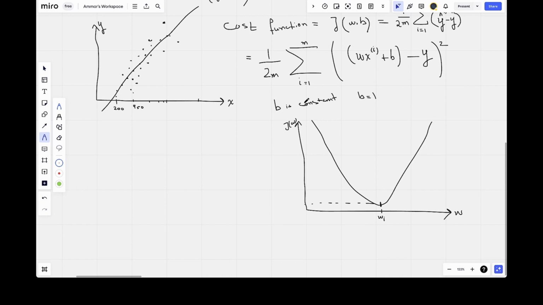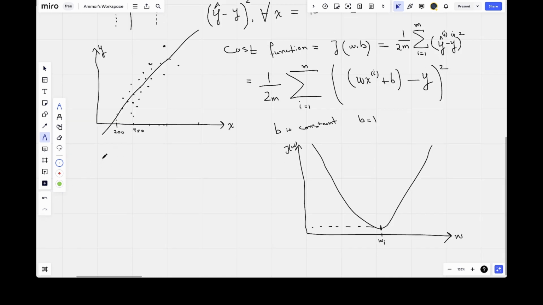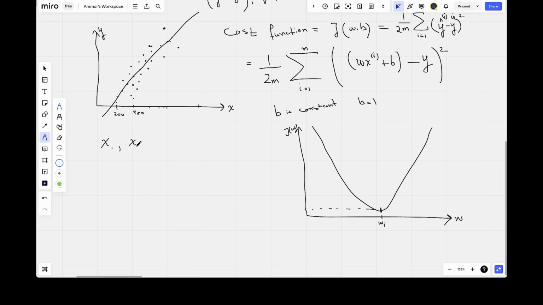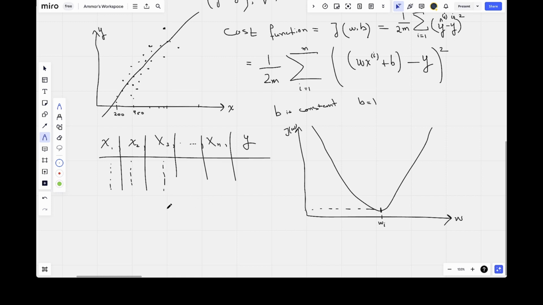fit line, right? What if we have multiple features? Right now we only dealt with a single value of x. Suppose we have x1, x2, x3, and of course all the way up to xn, and then you have the target variable y that is dependent on all of these independent variables. And of course you could have a data set that has all these values, but the concept remains the same.